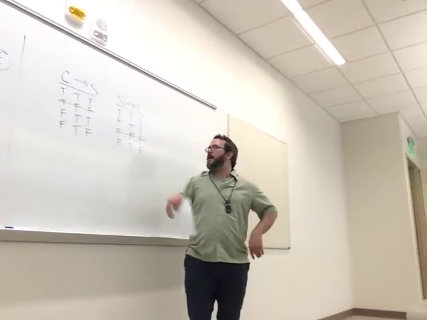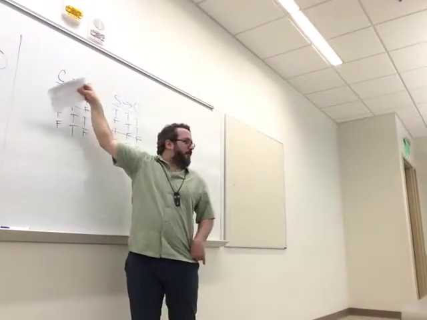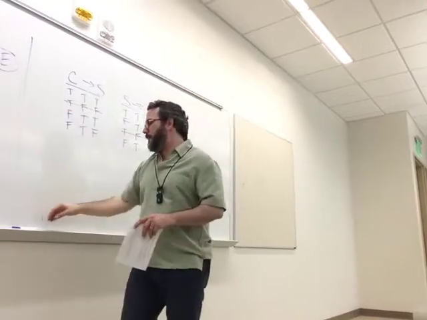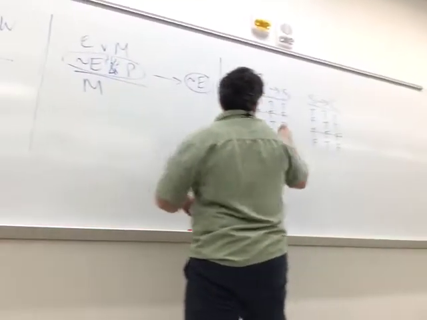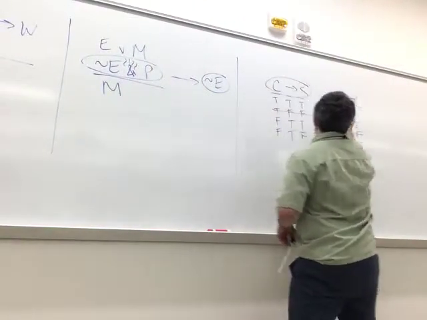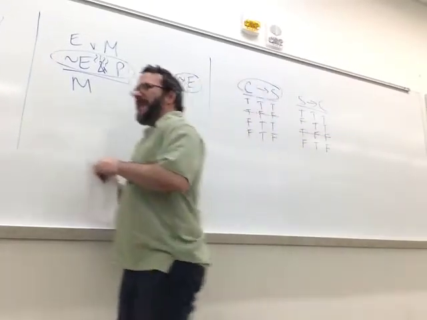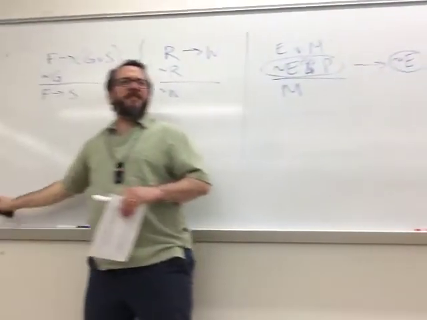So yeah, that's the one that means only if: C only if S. This is my guy, and that one is not what I mean. Does it make sense how we figured that out?